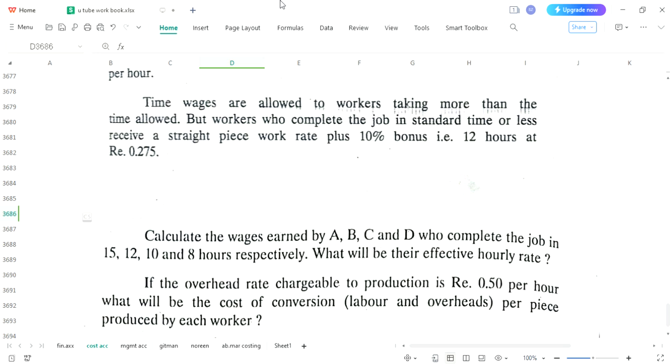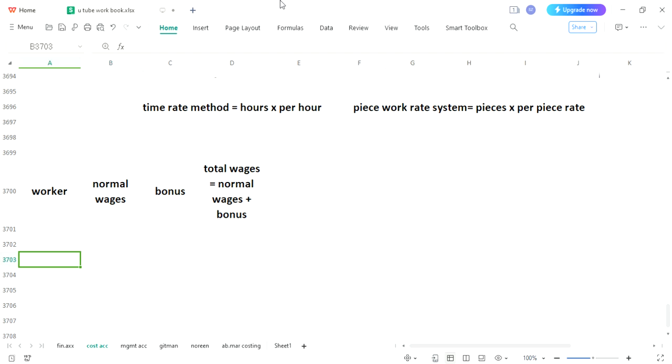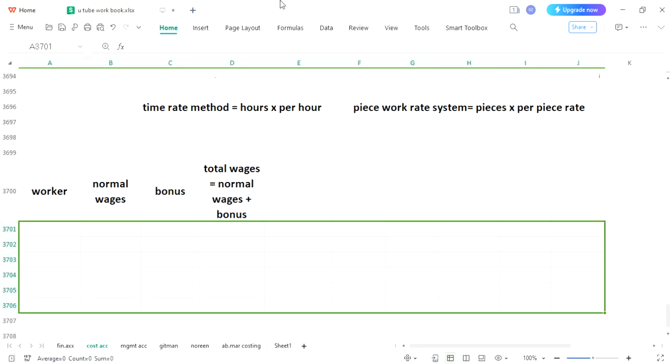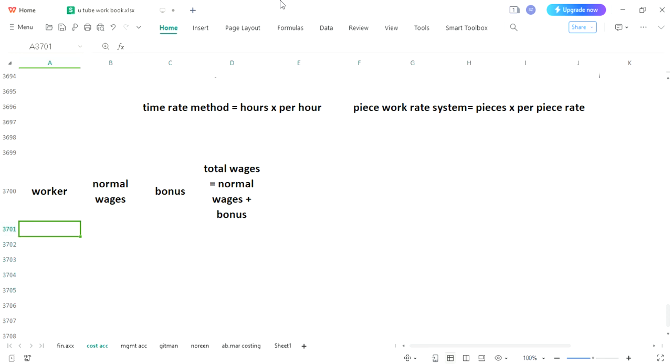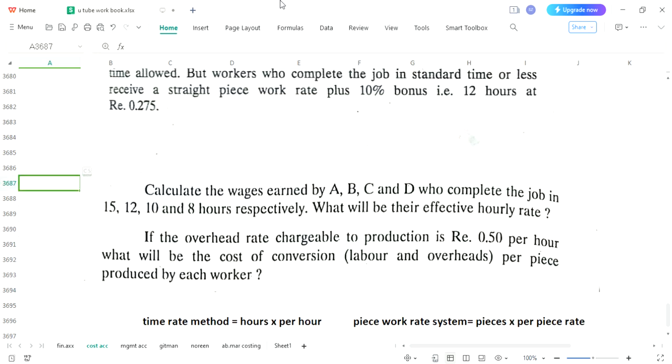Now A, B, C, D, there are four workers. We can now mention the workers A, B, C and D. Okay, so units produced are mentioned over here.